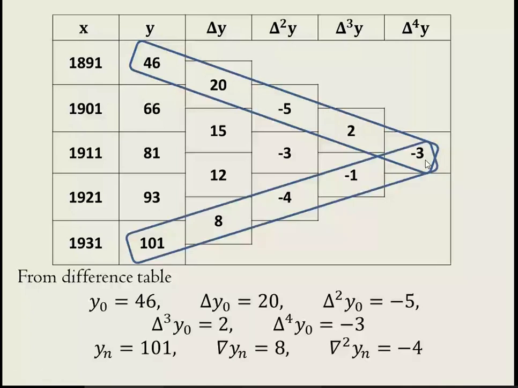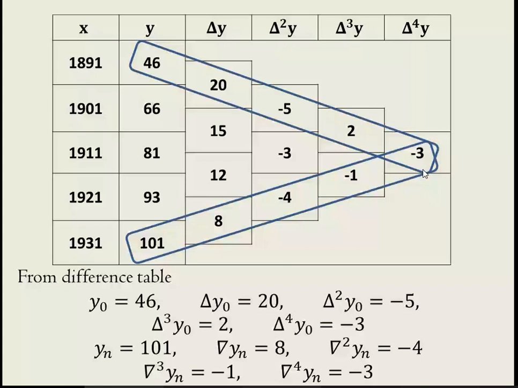Nabla yn is 8. Nabla square yn is minus 4. Nabla cube yn is minus 1. Nabla raised to 4 yn is minus 3. So for forward and backward, we have the same table, only the notation changes. Forward, top values; backward, bottom values of the table.